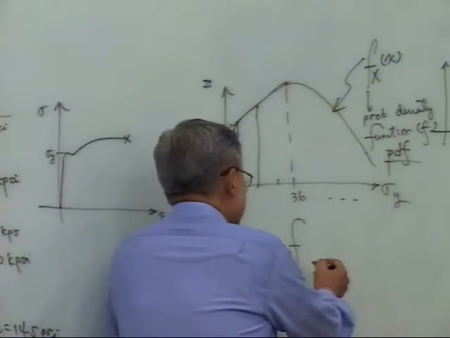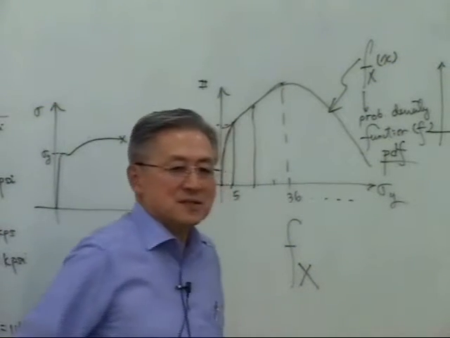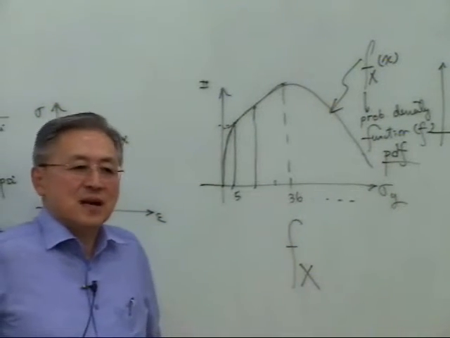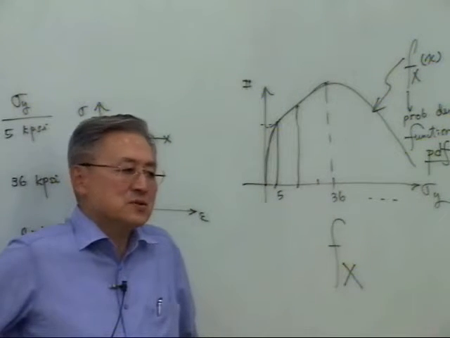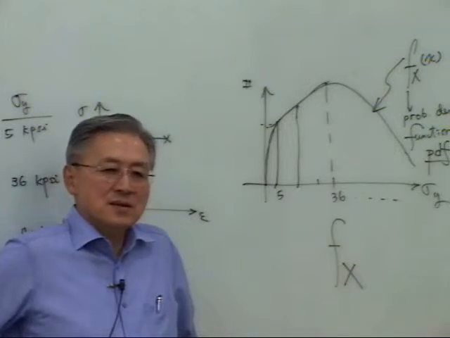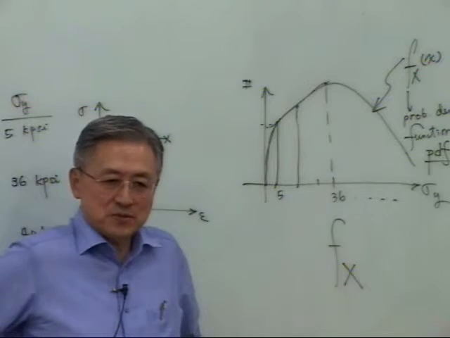So F, and the subscript, the alphabet, let's say X. This X is a random variable. When I use a capital X, that's a random variable, okay?